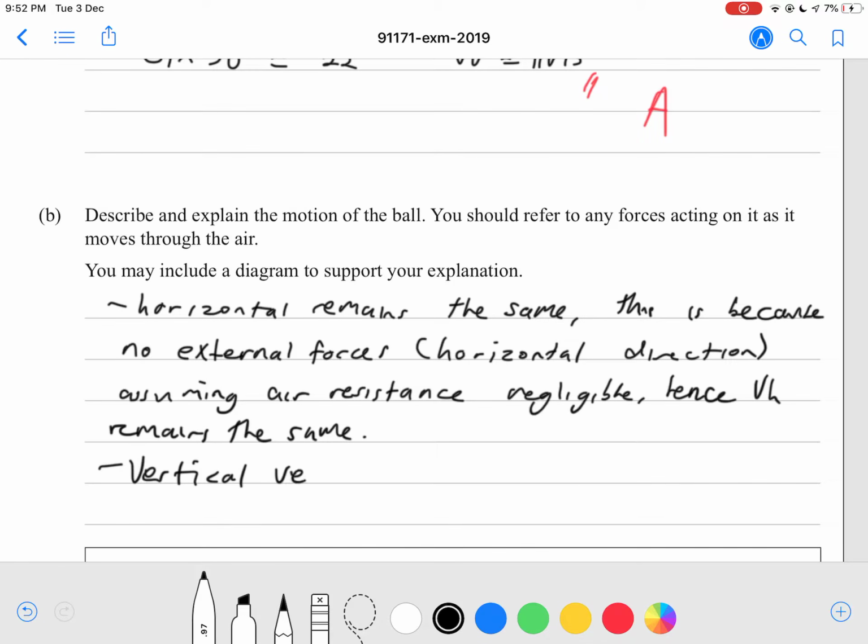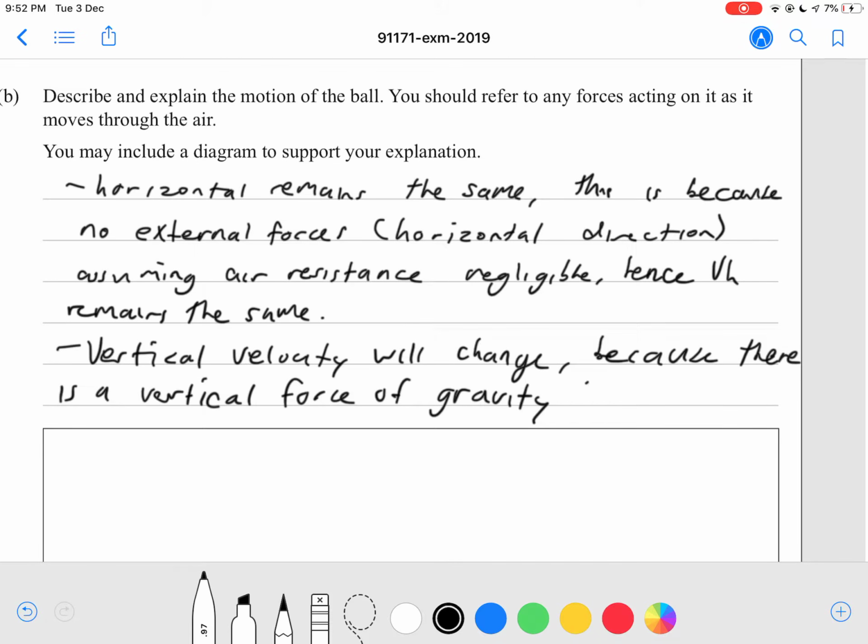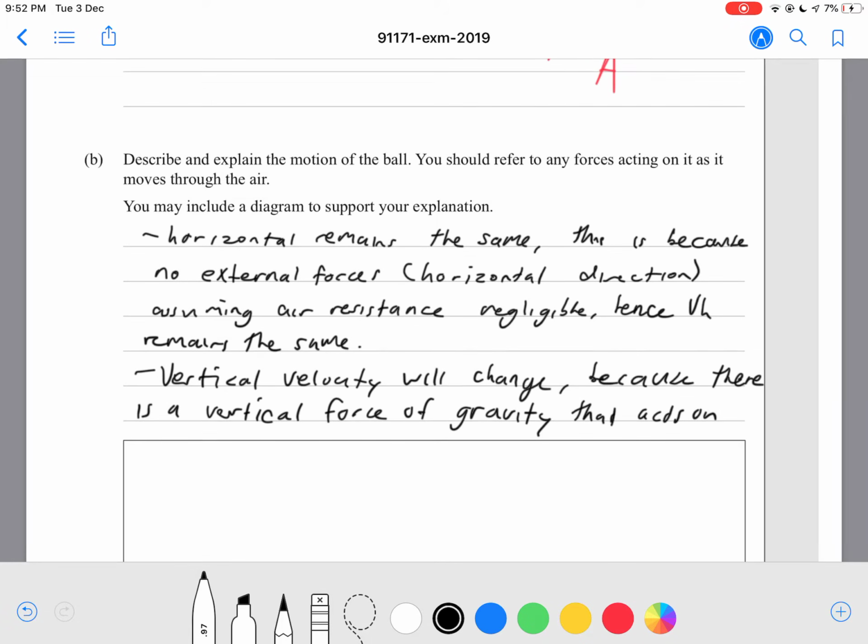This vertical velocity will change, and this is because there's a vertical force of gravity that acts on the ball.